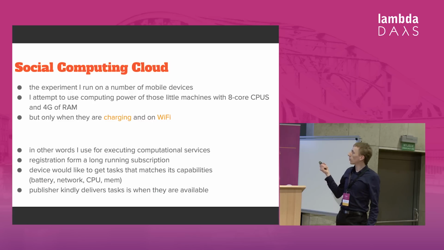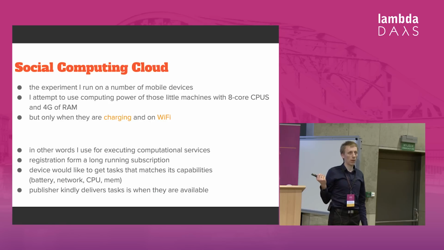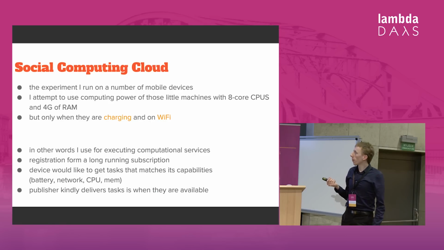So actually, what we have currently in a mobile phone is more or less what we had a couple of years ago in our powerful computing servers. And I'm guaranteeing my users that I will only execute the task when they are charging their phones and they are on Wi-Fi, because I think nobody would like to contribute their phone and have it drain the battery and consume the data plan.